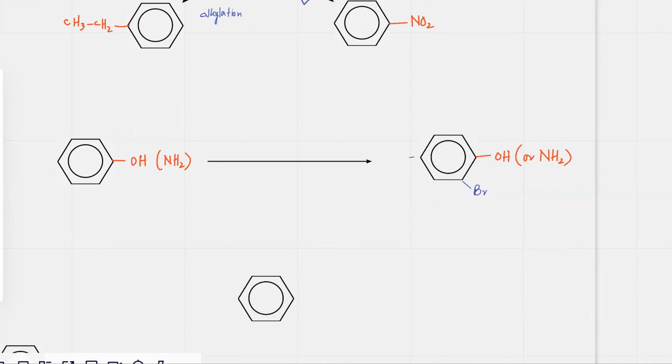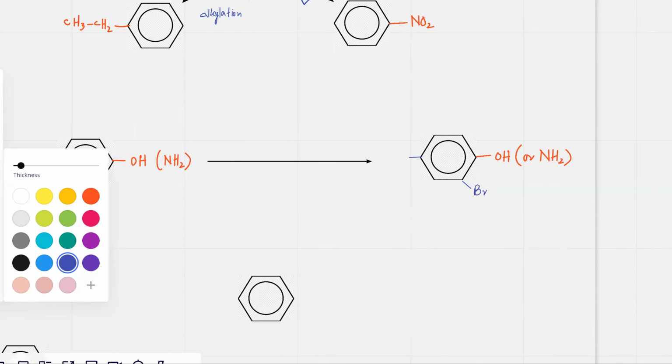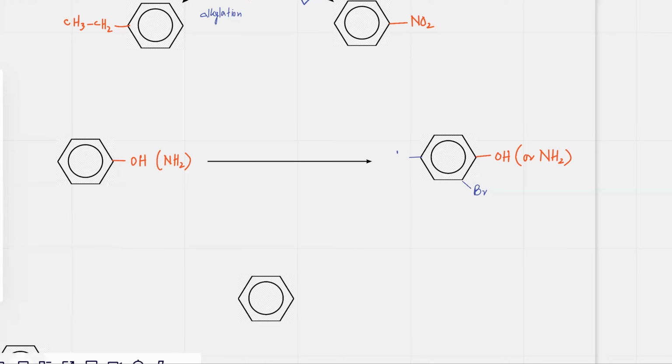So there's going to be a bromine here. The only conditions needed for this reaction are Br2 aqueous. That's it. No catalyst needed.